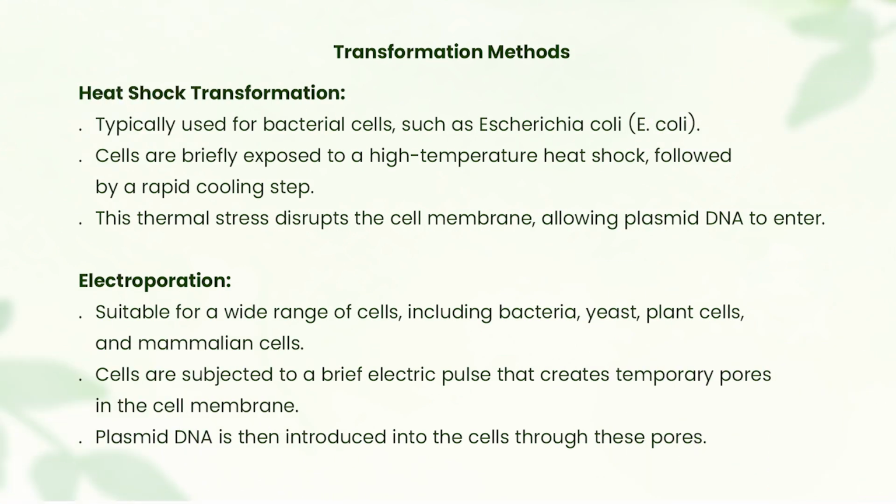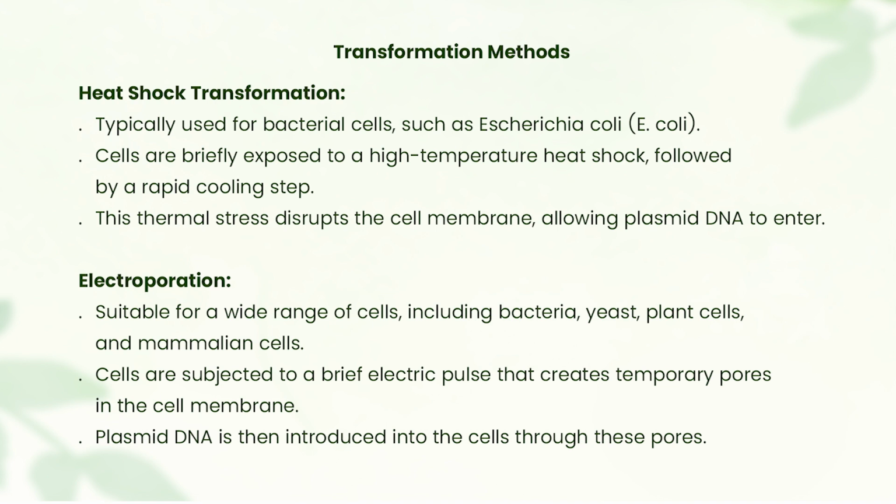In transformation methods, heat shock transformation is typically used for bacterial cells such as E. coli. Cells are briefly exposed to a high temperature heat shock followed by a rapid cooling step. This thermal stress disrupts the cell membrane, allowing plasmid DNA to enter.